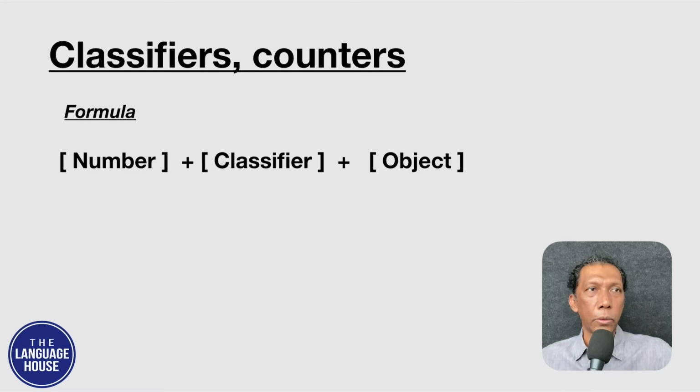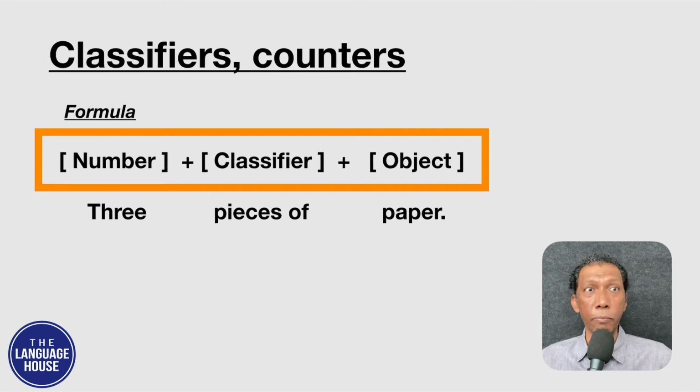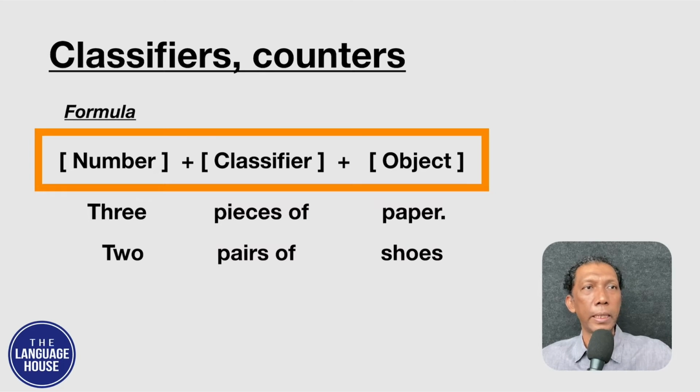So you just say the number plus the classifier plus the object. For example, 3 pieces of paper. 3 is the number, the classifier is piece or pieces, and the object is paper. Another one is two pairs of shoes: the number, the classifier, and the shoes. Let's get into it now in Malay.